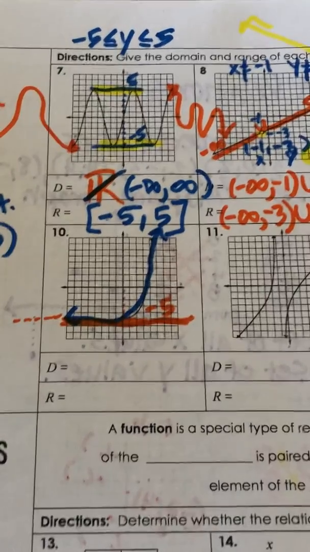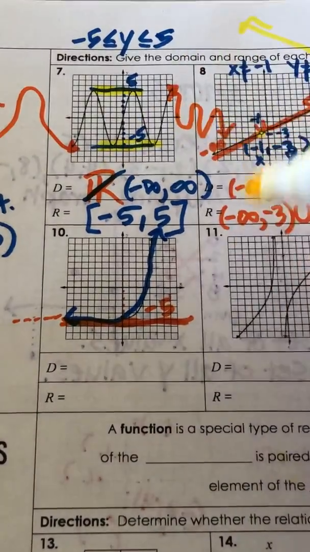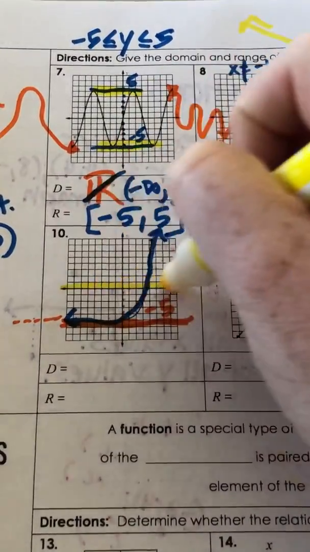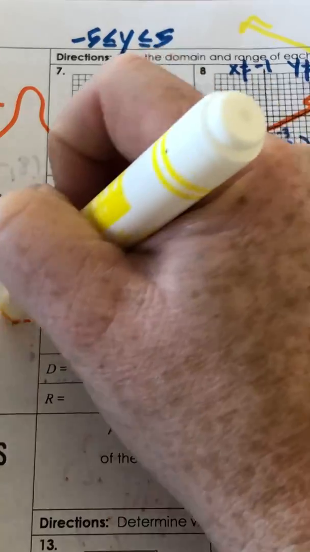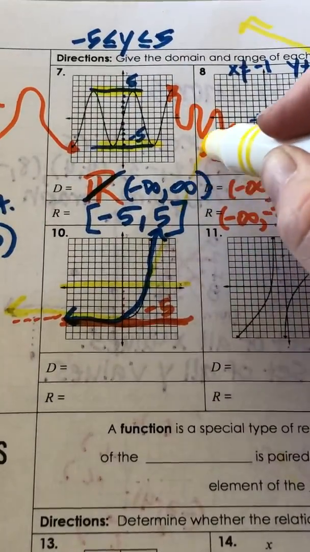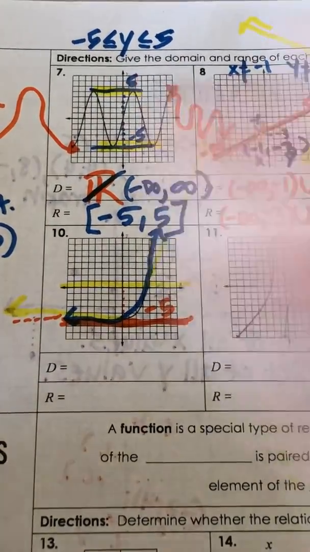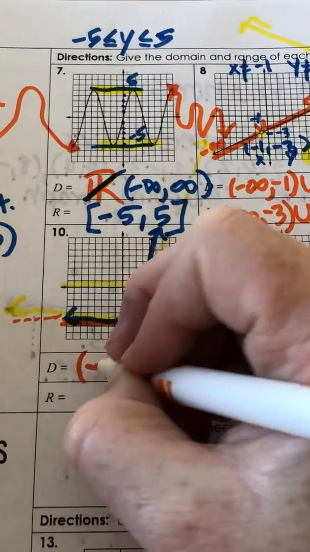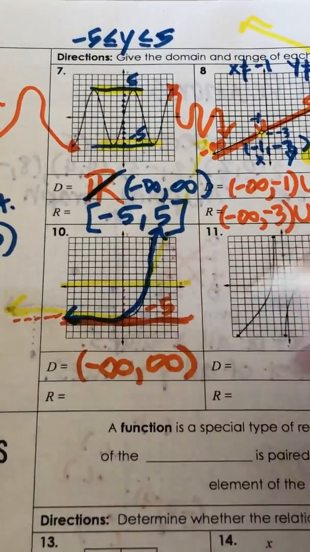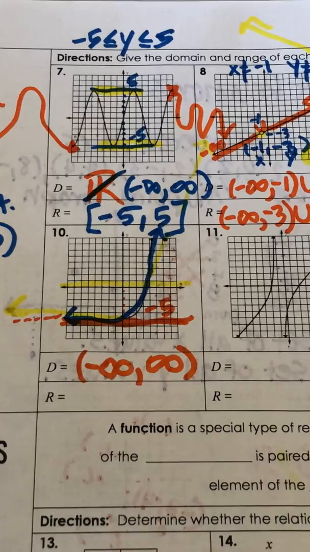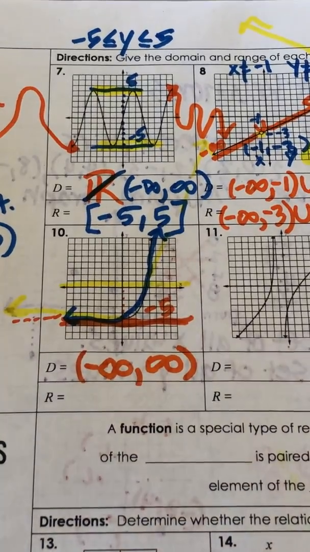Okay, so let's talk about what that means for the domain and range. So domain, we care about left to right, so this would keep going all the way left, and as this gets bigger, bigger, bigger, it'll keep going all the way right. That domain is all real numbers, which is -infinity to infinity in interval notation. All right, so for range, we care about up and down.